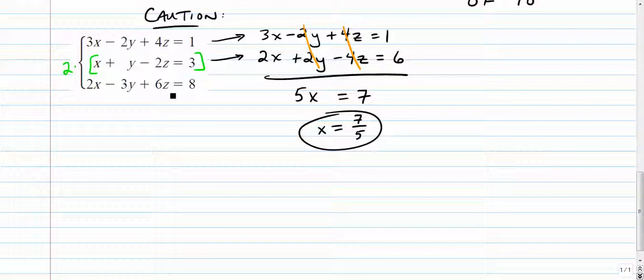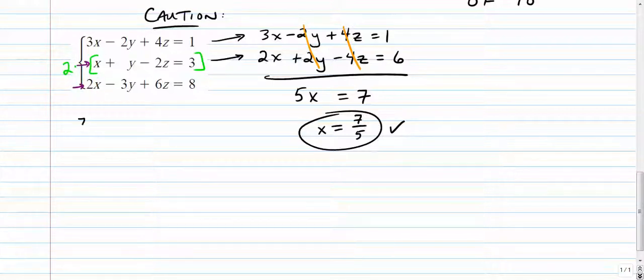If we take that and plug it back in to one or all of these equations, we can get down to the point where we're just left with two equations with y's and z's. So my next task is to take this value and plug it back into these bottom two equations.